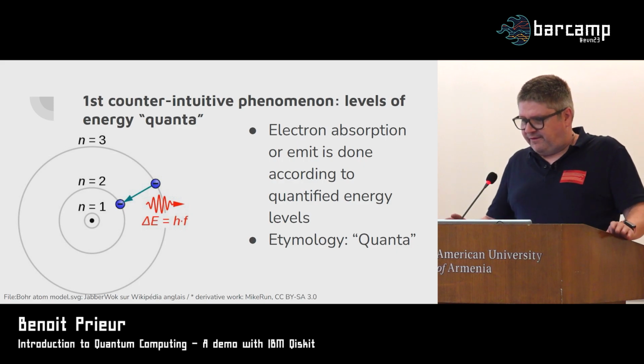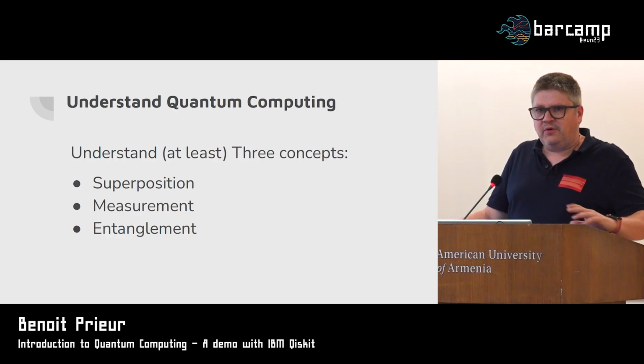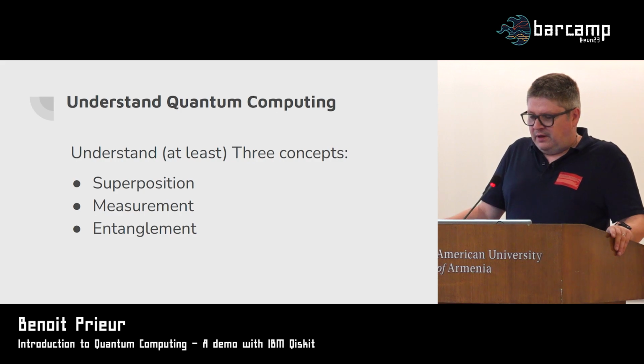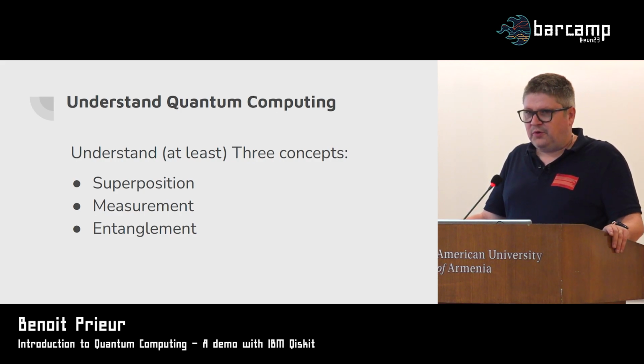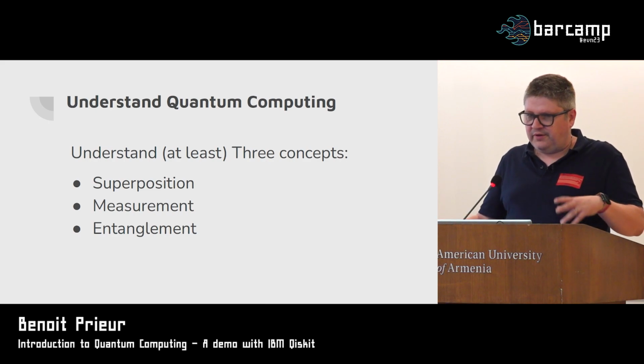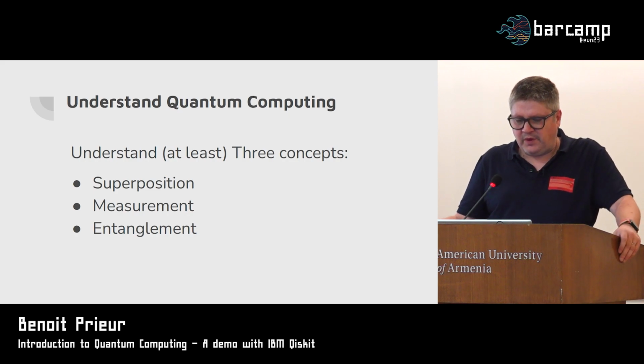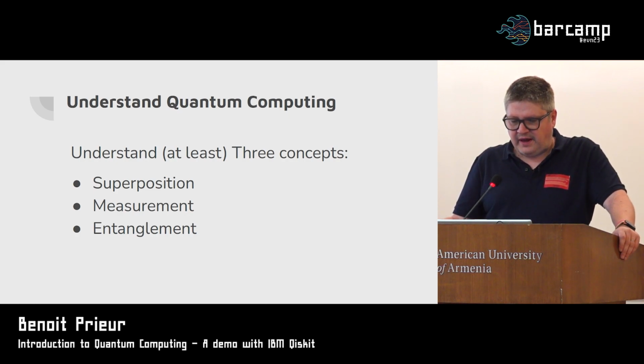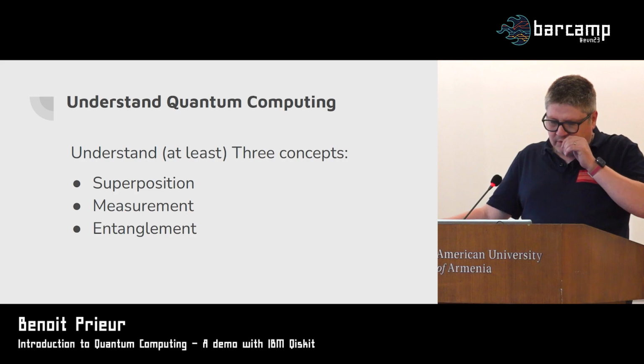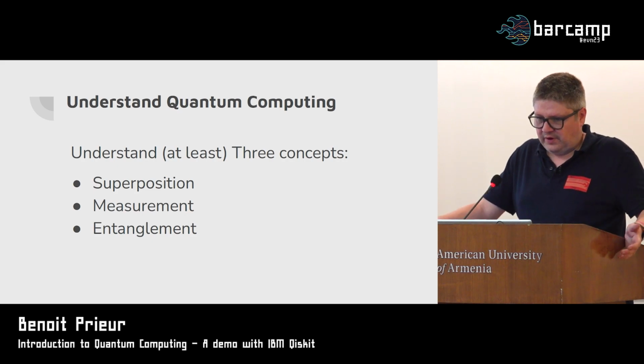Before continuing, I guess to be able to begin to work in quantum computing alone as soon as you can, you have to get three concepts, not very complicated, but they are the key concepts you have to know actually.